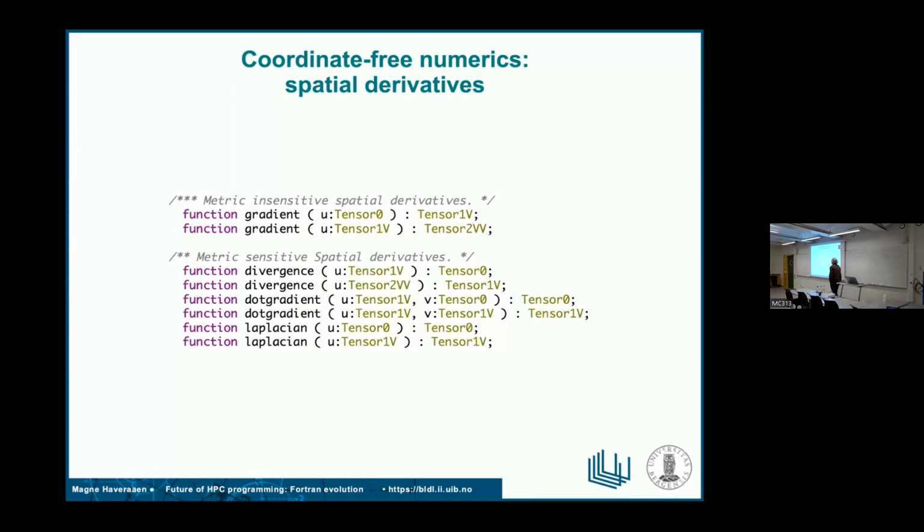Spatial derivatives, gradient and divergence. You can see the gradient increases the vectors components of the data, and divergence consumes it. And dot gradient, I guess that's this is nabla, this is nabla dot, this is dot nabla, and Laplacian is nabla dot nabla.